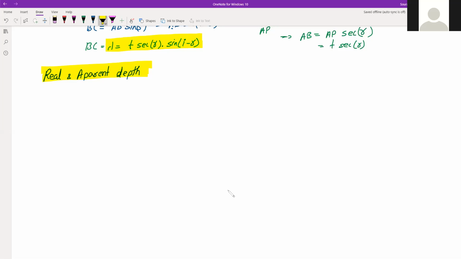So let's see how it happens in real life application. Suppose there is this tub or glass which has some point here, and this glass is filled with water. Suppose this point is nothing but a coin.